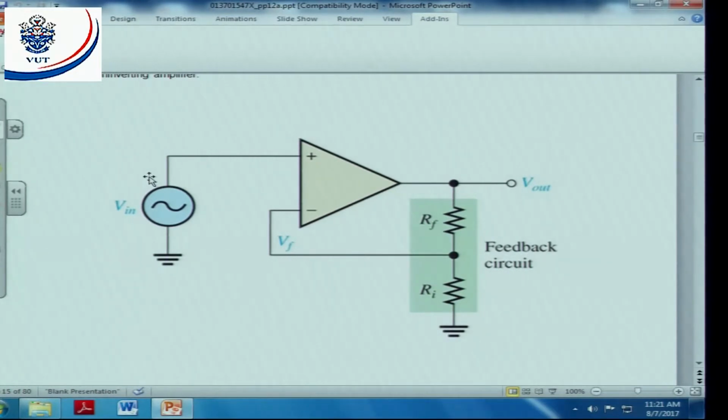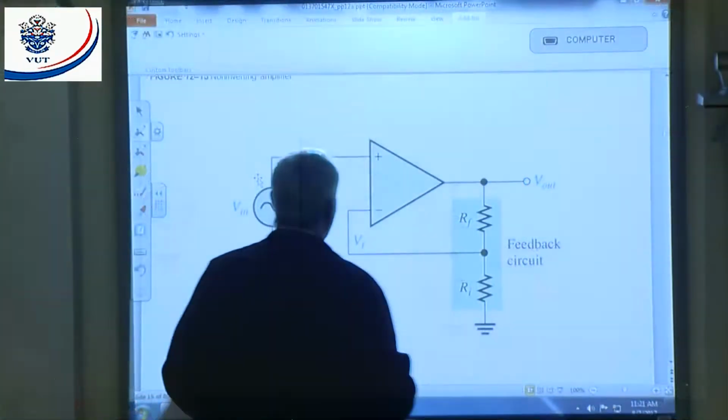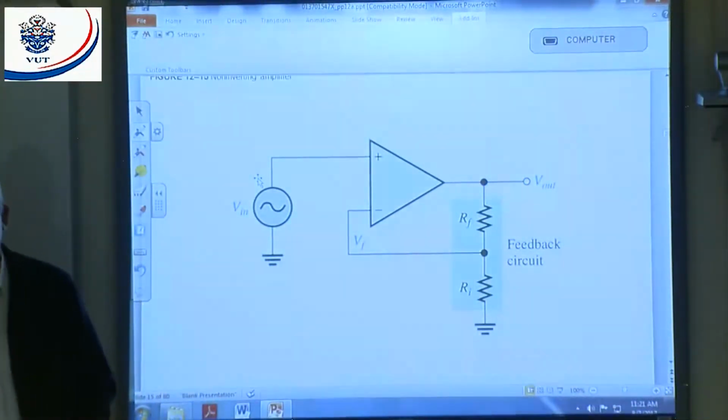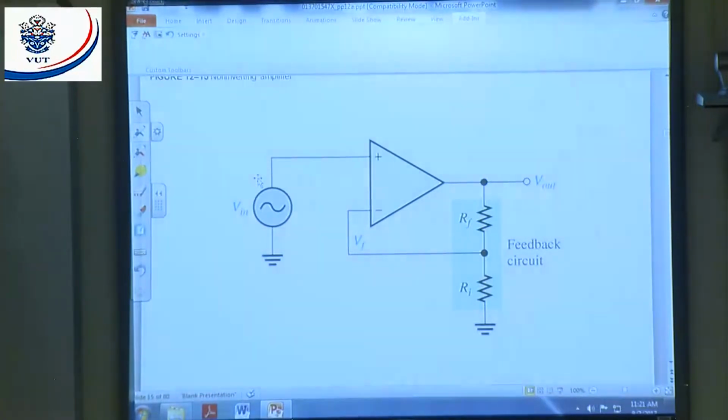Right, here's my non-inverting amplifier. You can see where's my input. My input is at my non-inverting input. That means my input and my output are going to be in phase, all right?